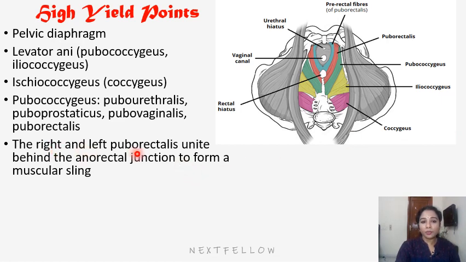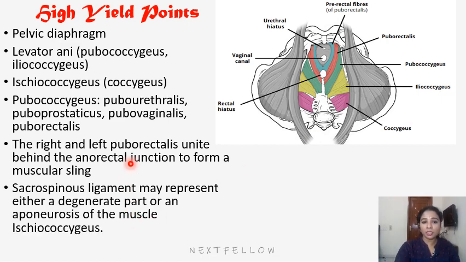And right and left puborectalis unite behind the anal canal, forming a muscular sling around the anorectal junction, which forms the perineal flexure of rectum. So because of this muscular sling, the rectum will take a turn which is called anorectal junction, and then it continues to form anal canal. So that is called perineal flexure of rectum.